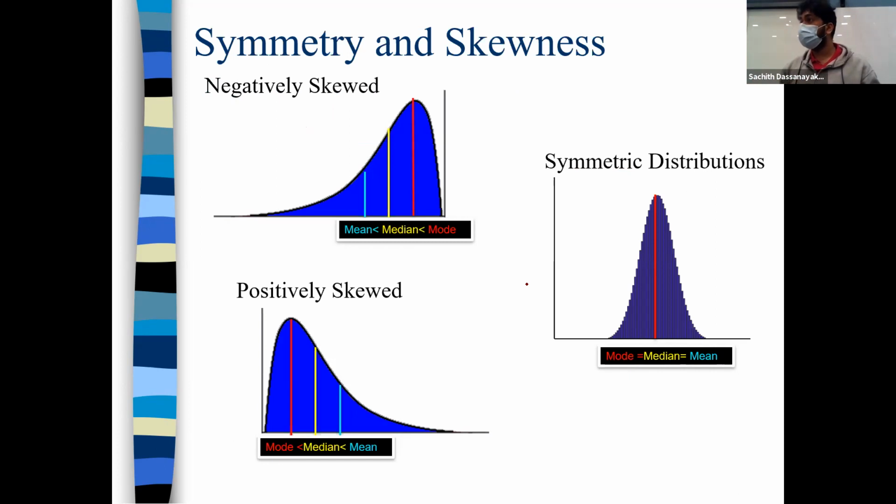Negatively skewed, or left skewed, means it has a tail on the left hand side. In this case, mode equals median equals mean. If you have a symmetric distribution like this, the mean, median, and mode are always on the same line, which means they have the same value. We'll see that later.